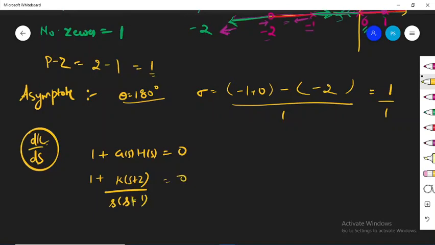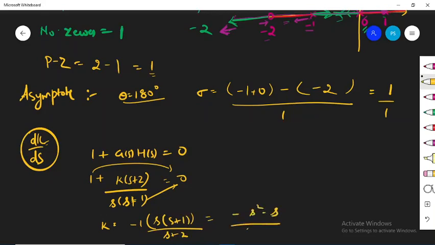So the value of k will be equal to minus 1 multiplied by s into (s plus 1) divided by (s plus 2). So I can write the value of k as equal to minus (s square plus s) divided by (s plus 2). This will be the value of k.